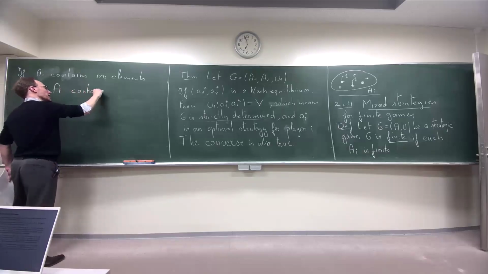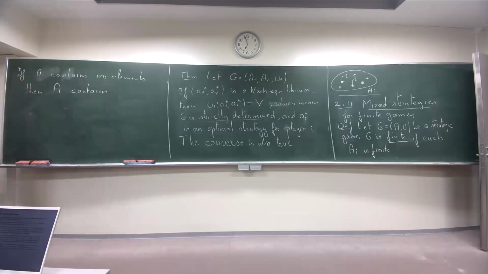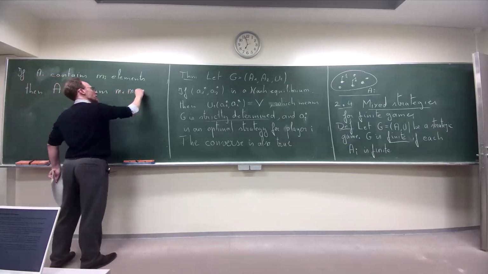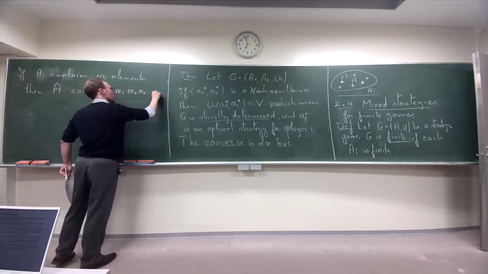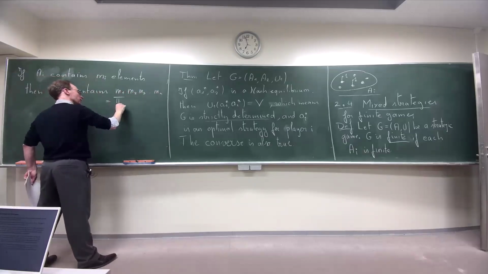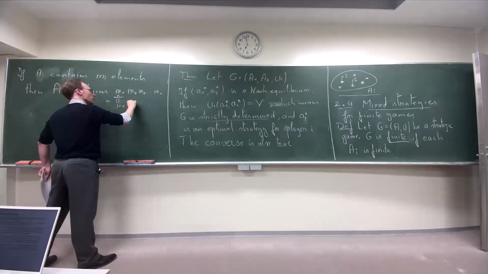Can you tell me? Do it for 2 first. Yes, it's m_1 times m_2 times m_3 up to m_n, which I can write simply as the product for i from 1 up to n of m_i.